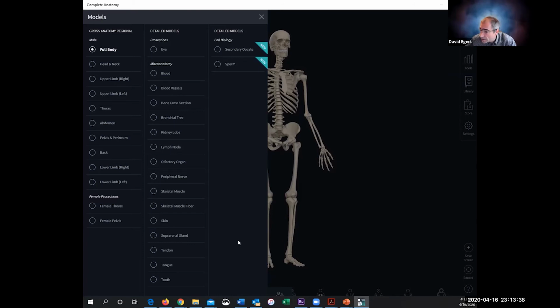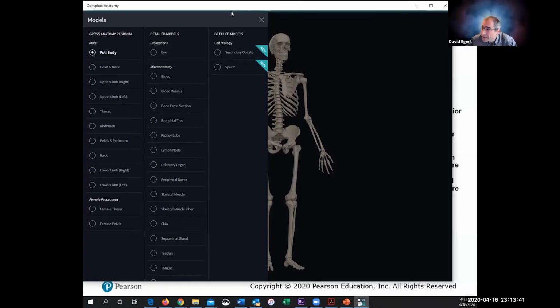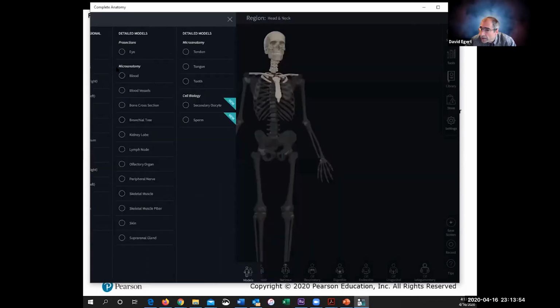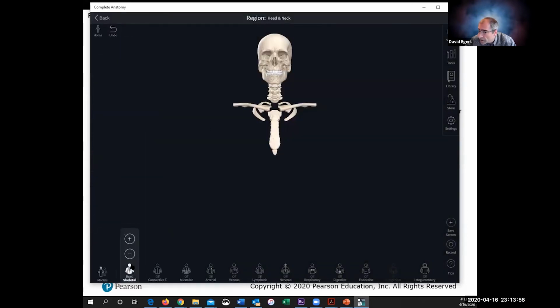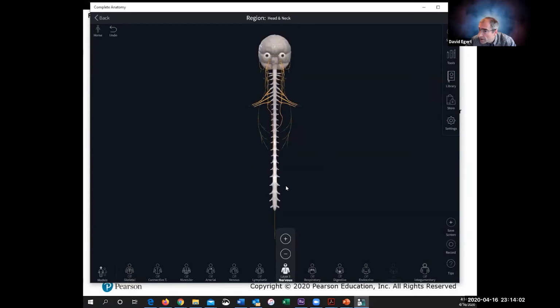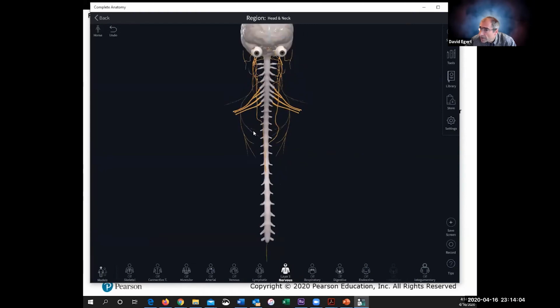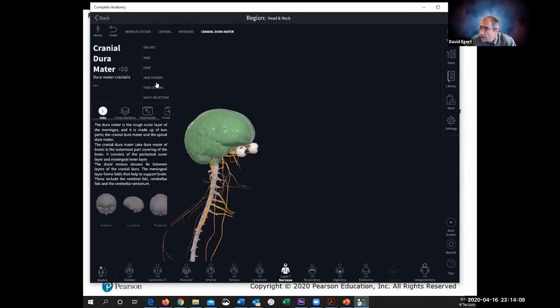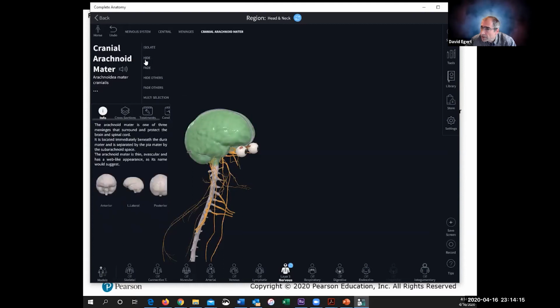Okay, so I was hoping there would be a brain in here. Peripheral nerve. Let's just do head and neck, turn off the skeleton, but turn on the nervous system.